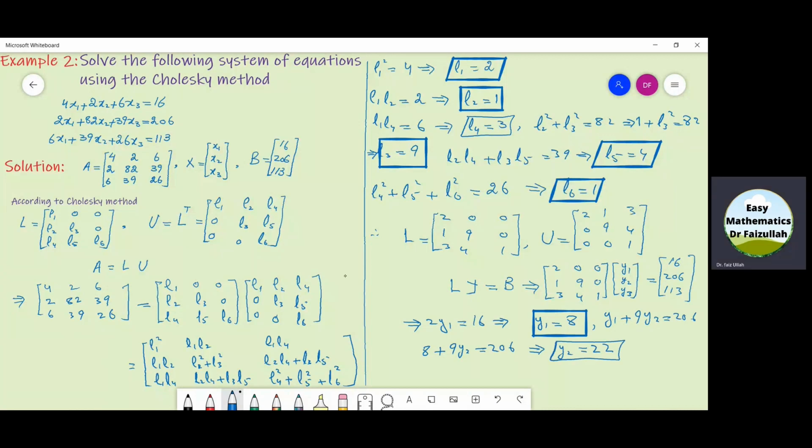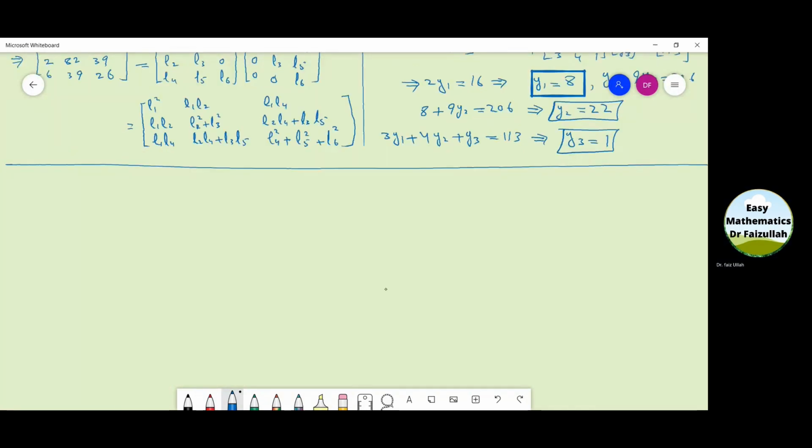From the last equation, now we have 3y1 plus 4y2 plus y3 is equal to 113. And now if we put values and simplify this equation, we get that y3 is equal to 1. So we have the value of y, which is given by 8, 22, 1.